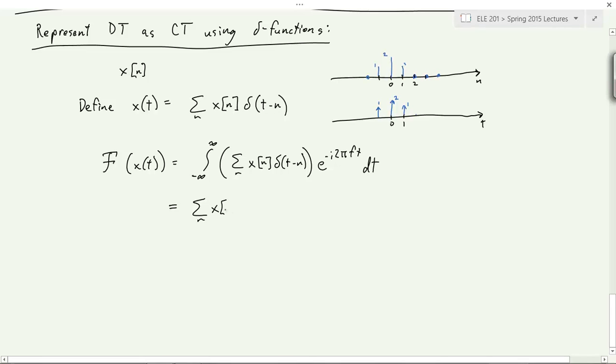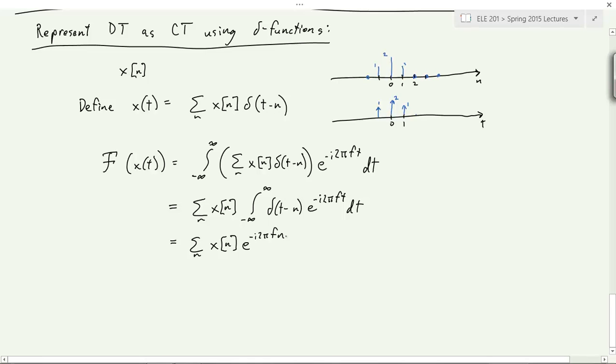Bring x of n out, because it's not in the variable of integration. And lastly, let's apply sifting. Sifting says evaluate this function at t equals n. So we get sum over n, x of n, and here we get e to the negative i 2 pi f n.